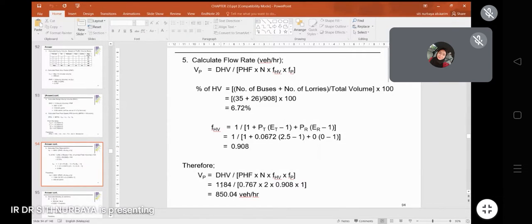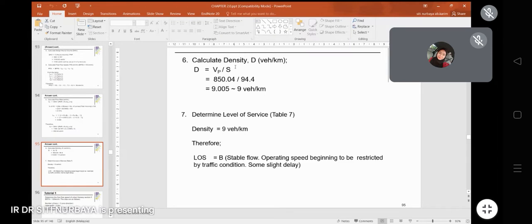So that you can calculate the flow rate in vehicles per hour. Have you copied? Okay, so number 6, calculate the density, so that you can get 9 vehicles per kilometer.